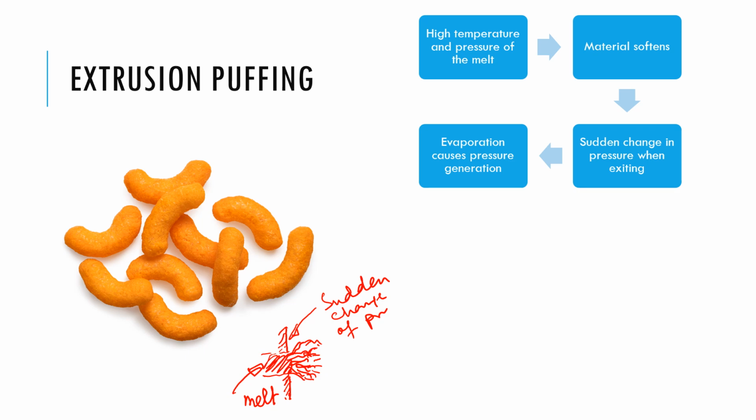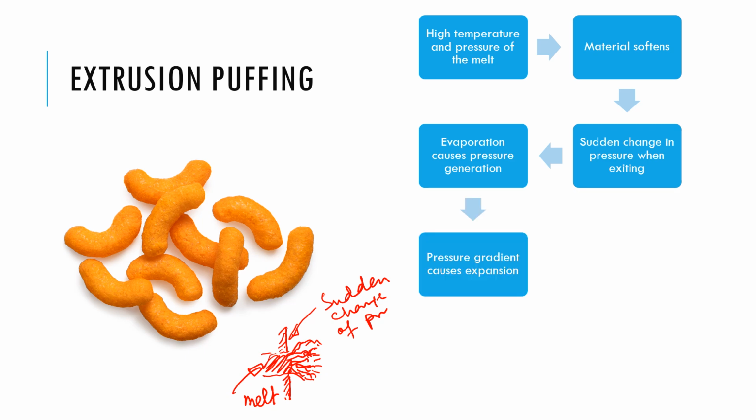Now there is fast evaporation, and that causes higher pressure generation. As the outside pressure is released, water finds it easier to get evaporated. So this evaporation causes pressure generation.